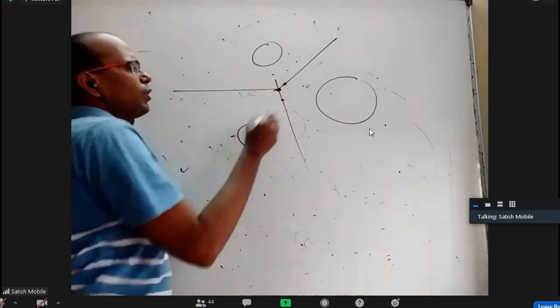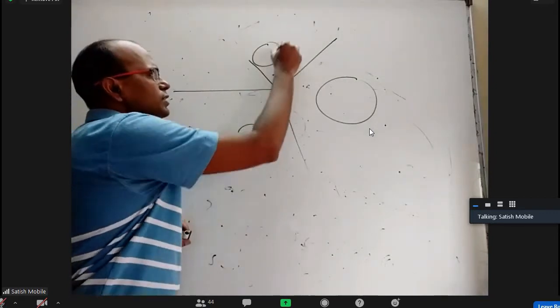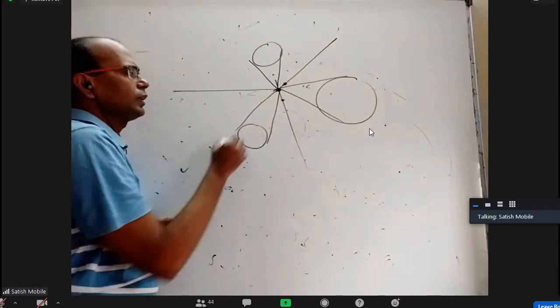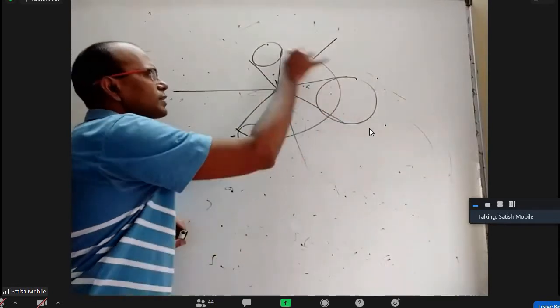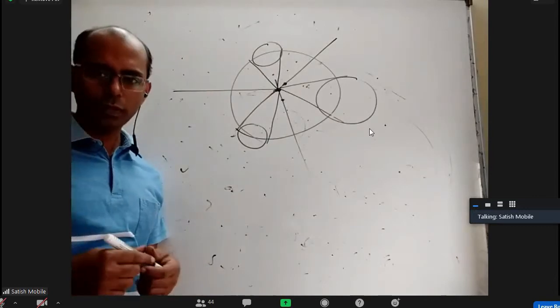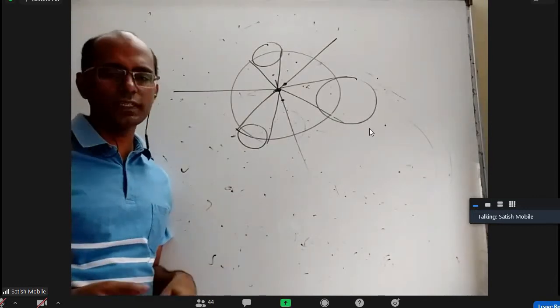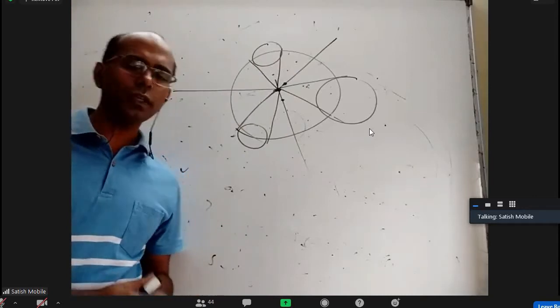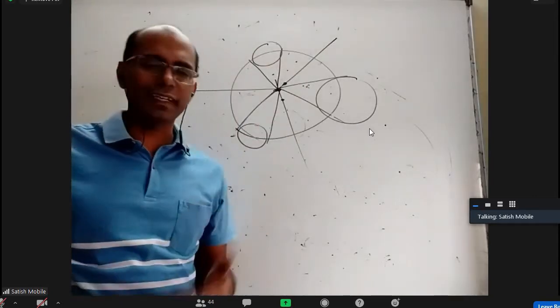So from this point, the length of tangent to this, to this, and to this are equal. If I take that as the radius and draw a circle, that will cut all the three orthogonally. All right. So we can find it very easily. So when they give three circles and ask to find a circle intersecting all three orthogonally, you don't have to apply the orthogonality condition 3 times.